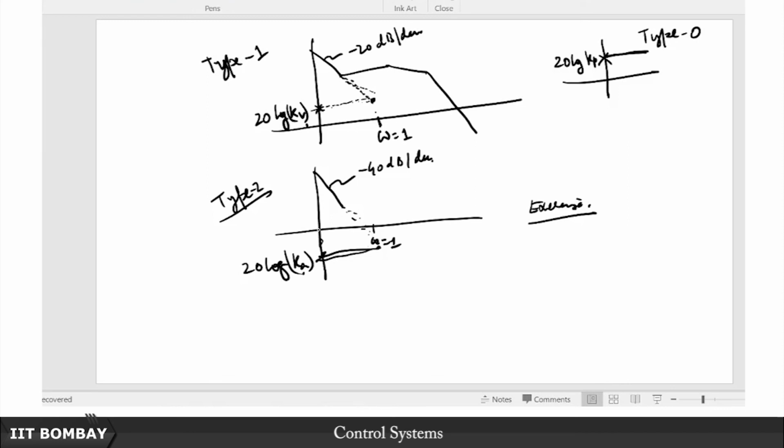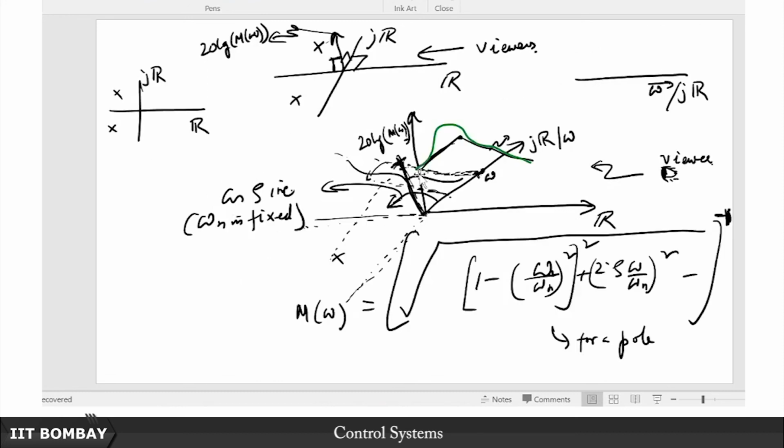Now before we conclude this particular segment of the lecture, let me explain another point a little more carefully, which I might have glossed over a bit earlier. You might be wondering about this 3D plot, why I am saying that it is a distance from this pole to this point. After all, what are these factors? If you take a first order factor, it is basically j omega tau plus 1.